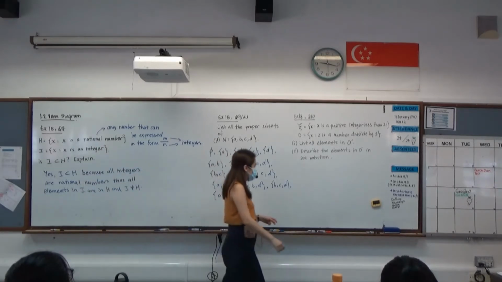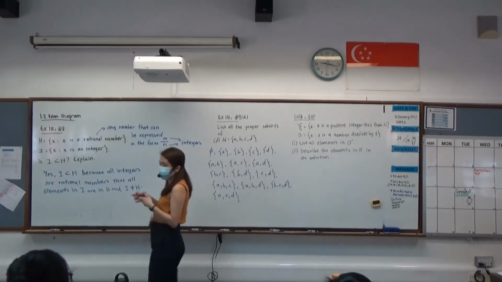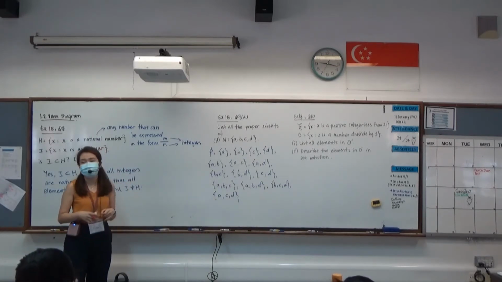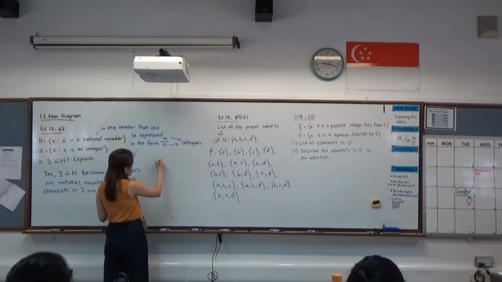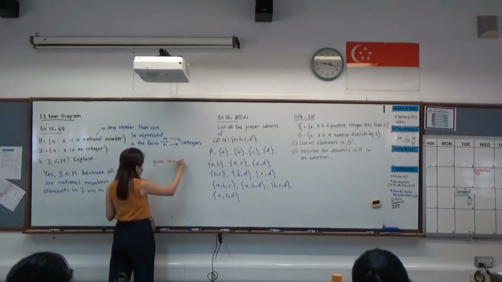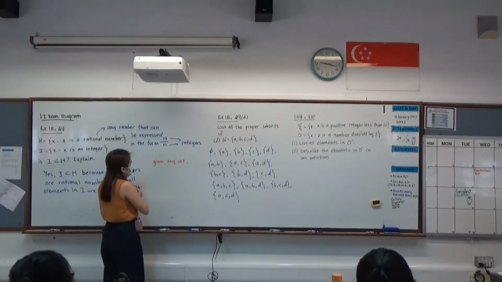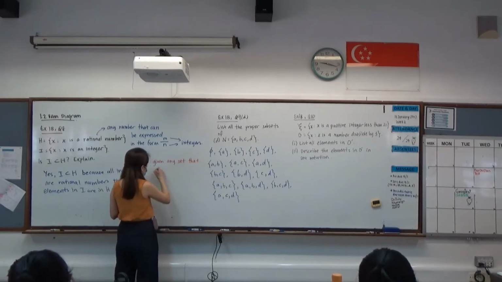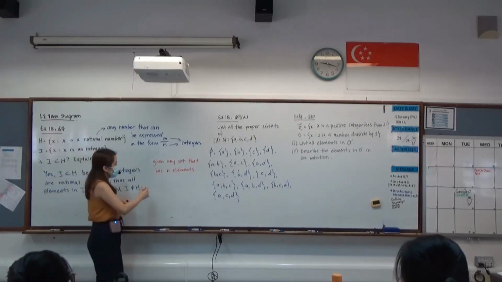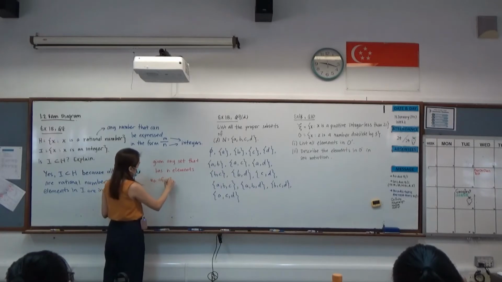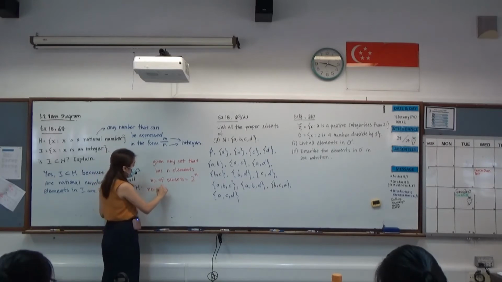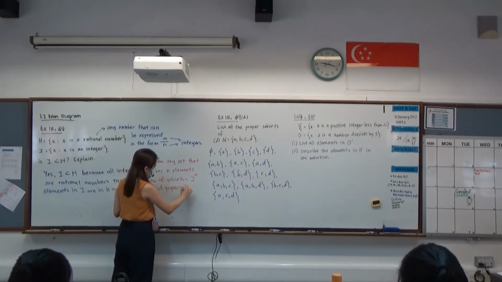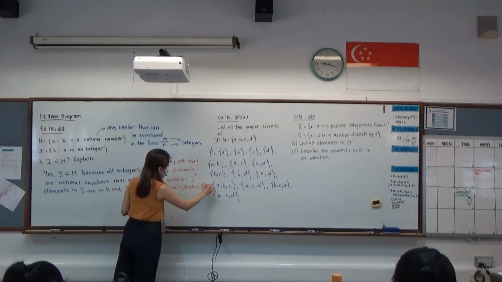One trick that you can learn, in terms of ensuring that you have the correct number of proper subsets, is that given any set that has n elements, n number of elements, the number of subsets will always be 2 to the power of n, and then the number of proper subsets will be 2 to the power of n minus 1.